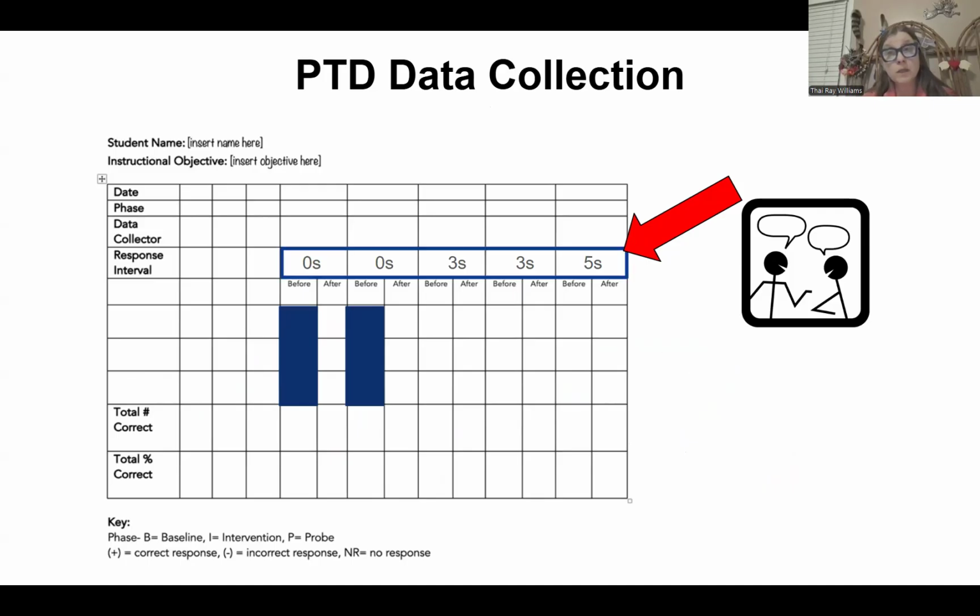It is extremely important with both constant time delay and progressive time delay. But with progressive time delay, it is important that you don't miss a day of putting that in there, because you may not remember when you move to the next increase in the delay interval. And again, make sure that you collect data before and after prompting.